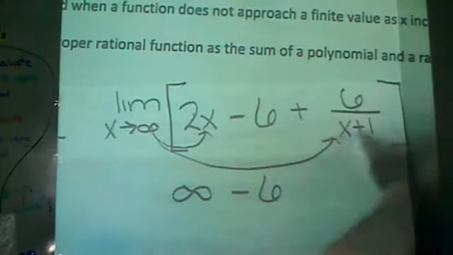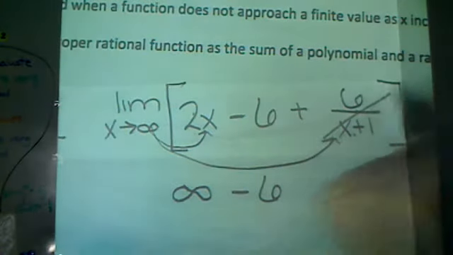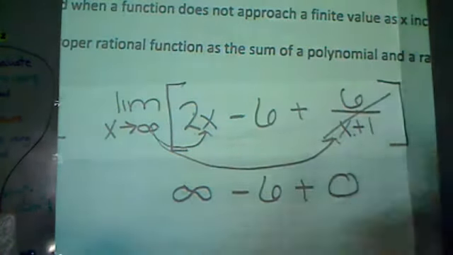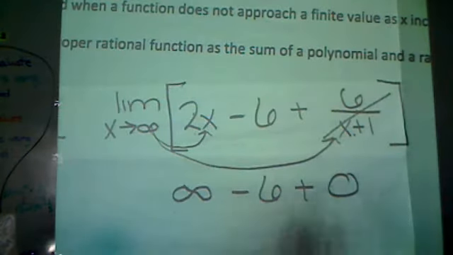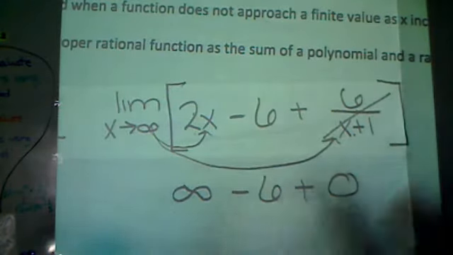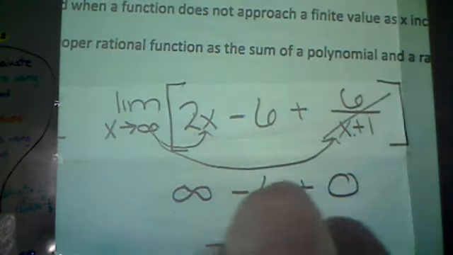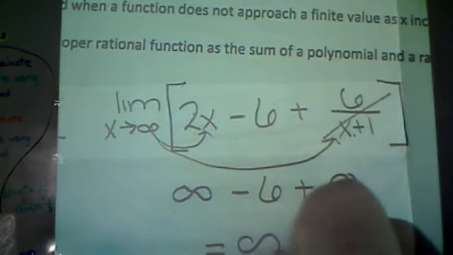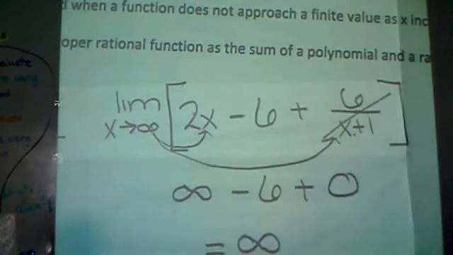And then this would be 6 over a really, really big number, which just cancels out to 0. Infinity minus any numbers is still going to be super, super large. So our final answer is just going to be positive infinity.